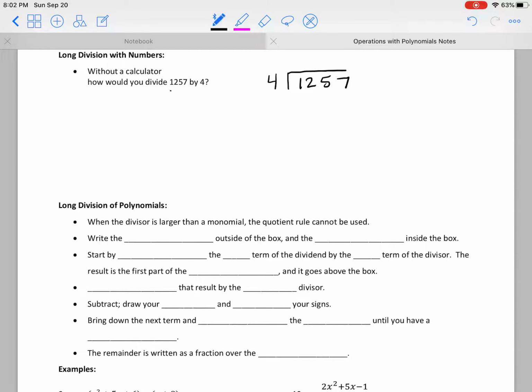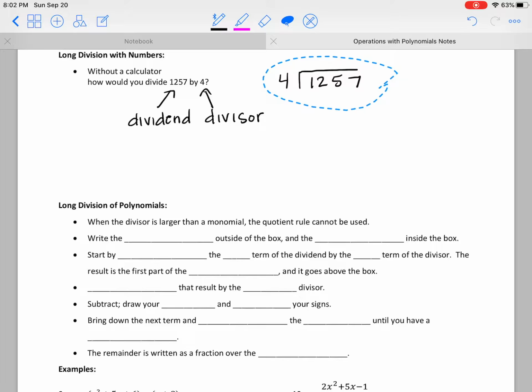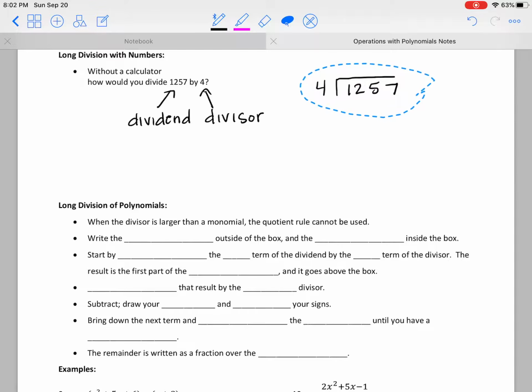Okay, so you'd set up for the long division, and the 1257 that's being divided, we call that the dividend, and the 4 that's doing the dividing, we call that the divisor. Okay, so if we were going to long divide this, we're going to start by setting this up. Dividend goes in the box, divisor goes outside the box.